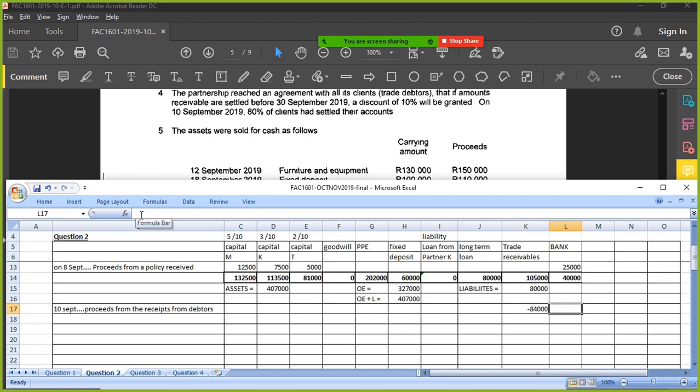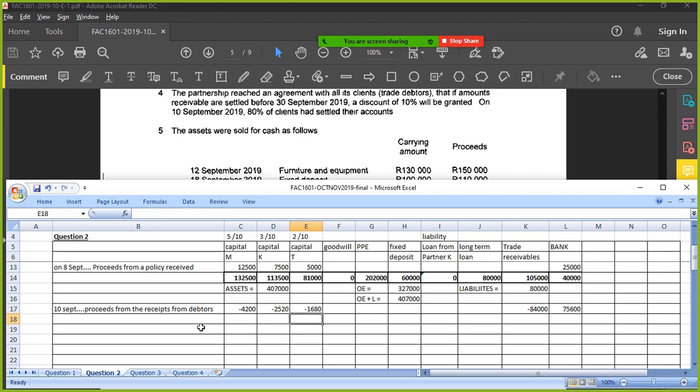Okay, bank is only going to be 90% of that figure. So you're going to receive that amount and then you're going to give a discount. The discount is going to be offset against the capital. So minus, open brackets, 84,000 times 10%, close brackets, times 5 over 10, times 3 over 10, times 2 over 10.